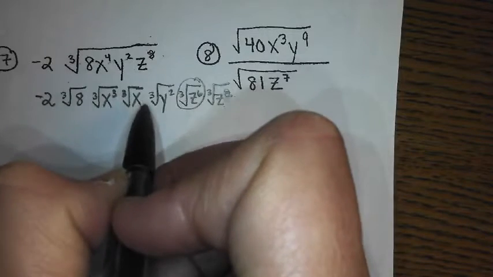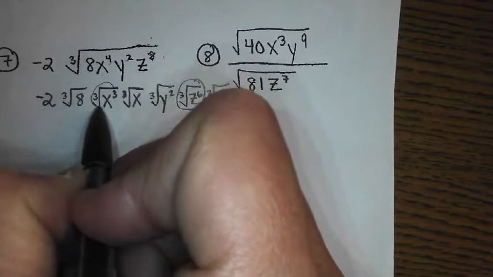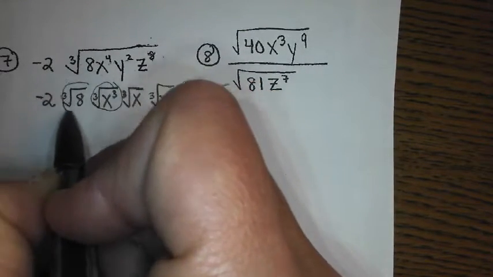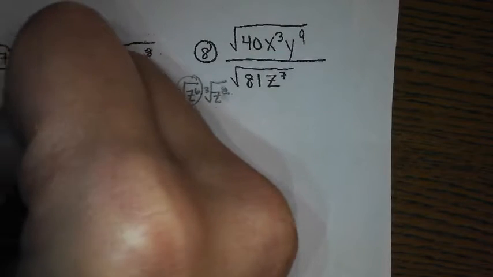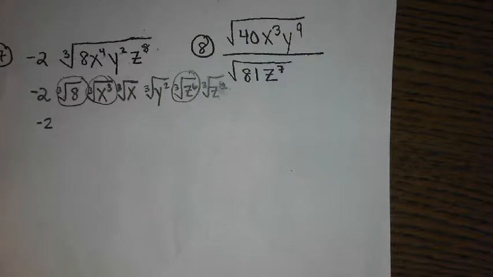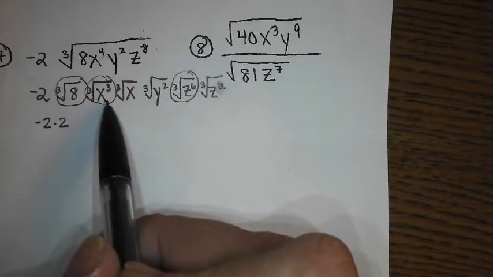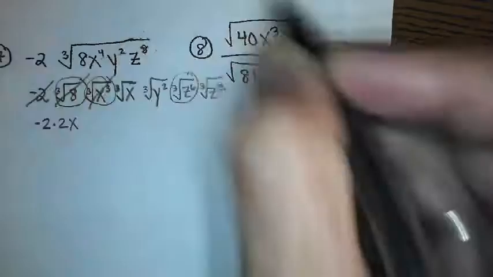And I do know the cubed root of x cubed, so I'm going to circle that. And I do know the cubed root of 8. So here we go. I'm going to now apply the cubed root sign to everything. I have my negative 2 out in front. What is the cubed root of 8? 2. What is the cubed root of x cubed? X, so that's accounted for, that's accounted for, that's accounted for.